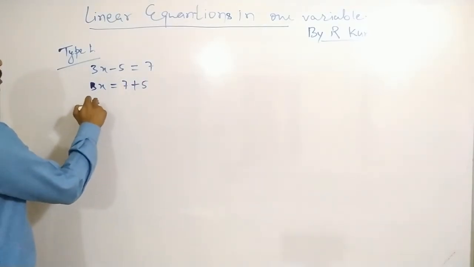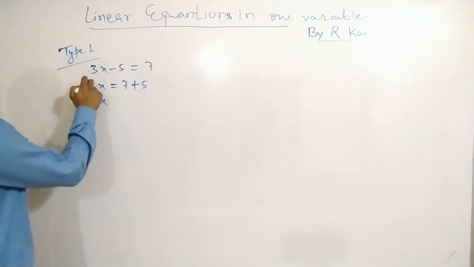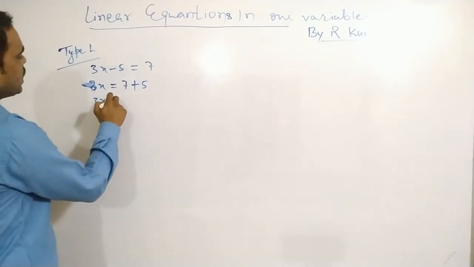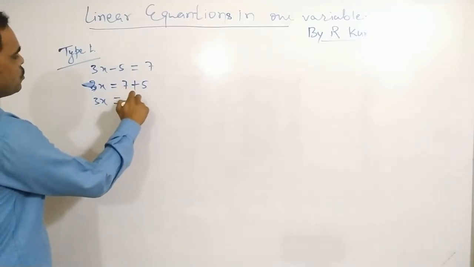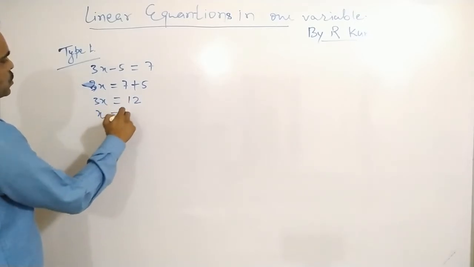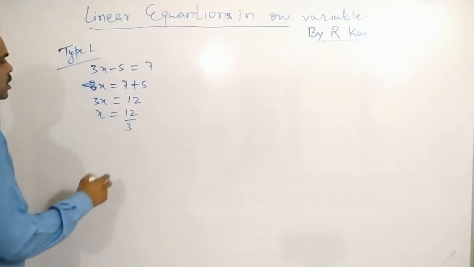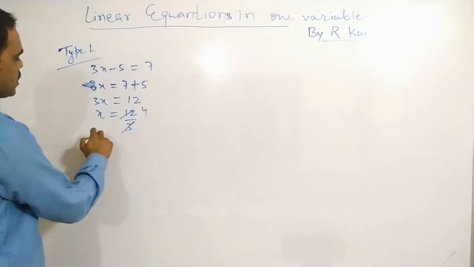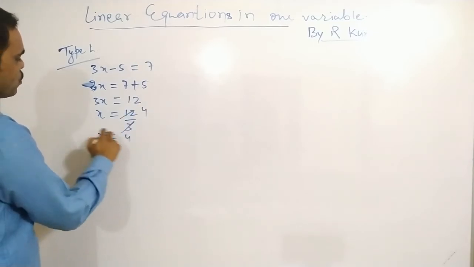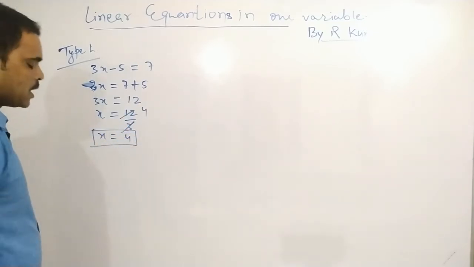So now 3x equals 7 plus 5, that is 12, and x will be equal to 12 by 3. 3 4s cancel, and x will now be 4. This is the only value for x.